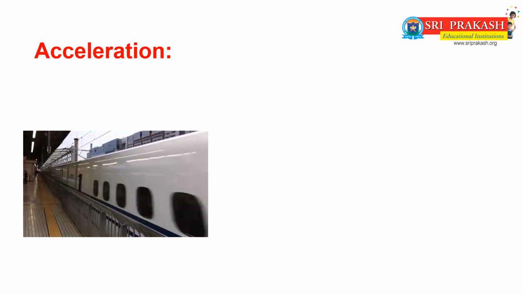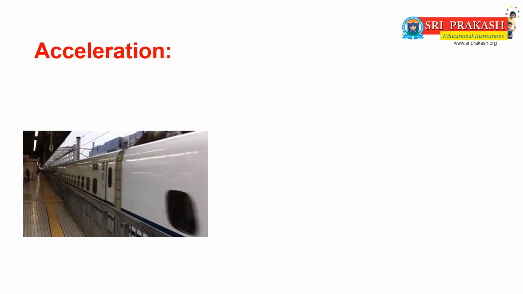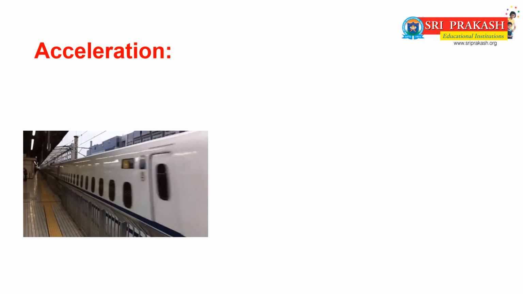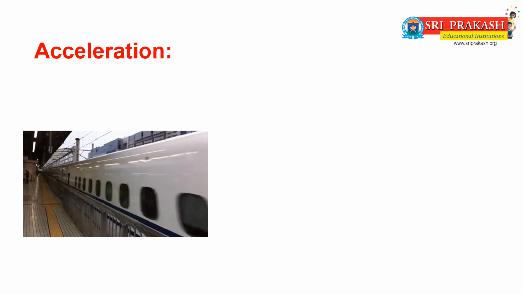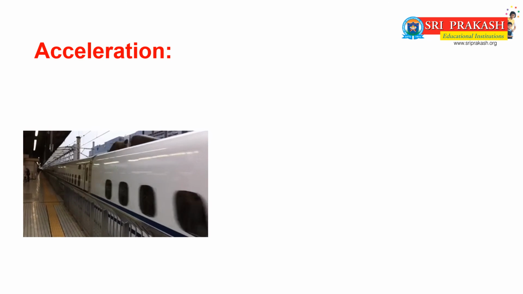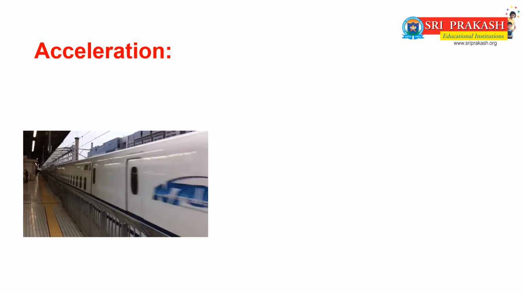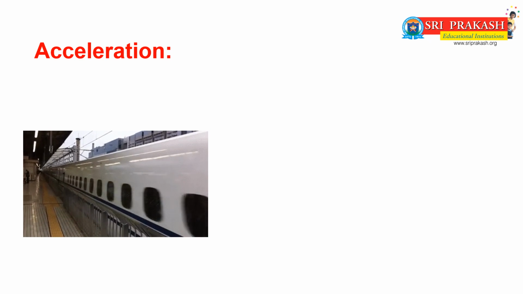Acceleration. Here in the image you can see the train leaving a station. So initially the train will be at rest before it starts. Once it starts moving, the velocity gradually increases as it leaves the platform. So acceleration is nothing but change in the velocity.